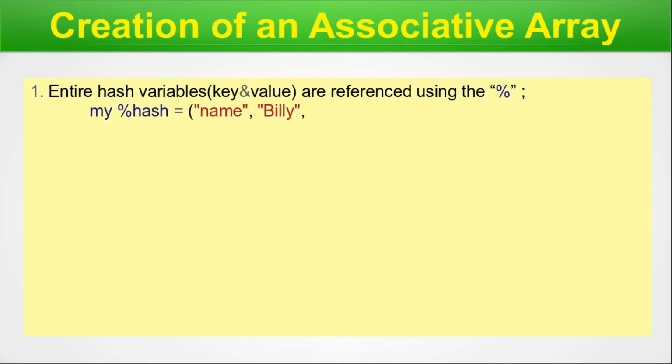First one here, name within double quotes is the key and Billy is the value. In a similar way we put more pairs, age 21, then occupation student, and then we close. So this is one way we can create an entire hash at once.